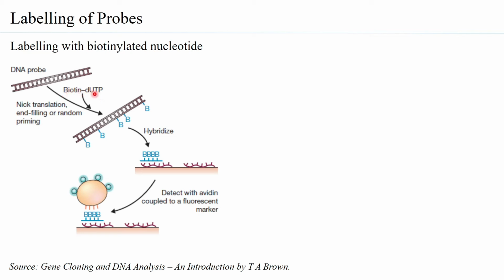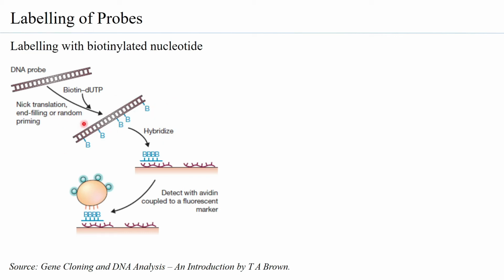Incorporation of the biotinylated dUTP can be done by nick translation, end filling, or random priming. But eventually what you get is a probe that has biotin attached to it wherever there is a U incorporated. And you know that U will always hydrogen bond with A. So wherever there is an A in the single strand of the DNA, there you would have U getting incorporated. And so now this probe is biotinylated.